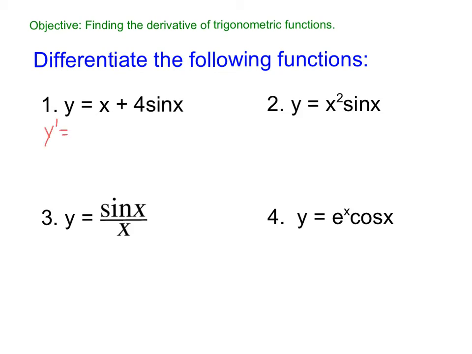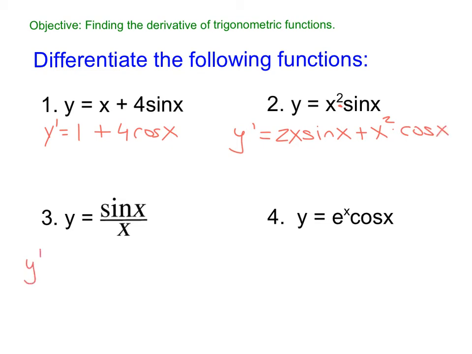All right. Number 1, derivative of x, derivative of sine is cosine. I am done. That is it. Number 2, product rule. X squared times sine x: derivative of the first, 2x, times the second, plus the first times the derivative of the second. Done.